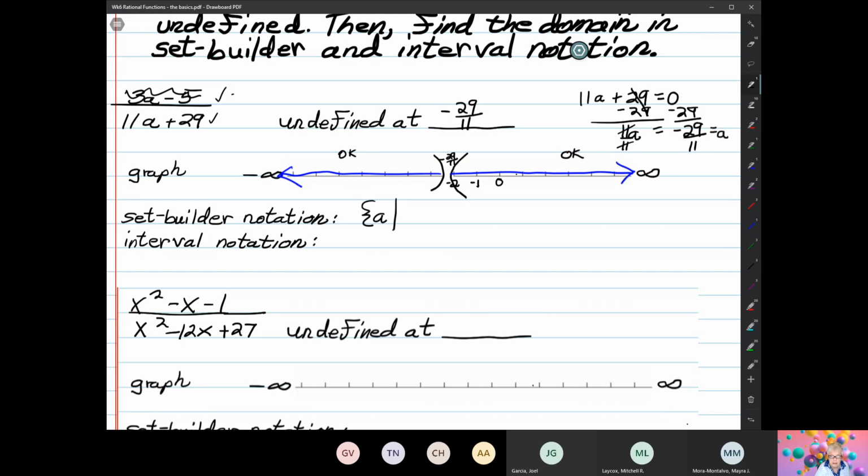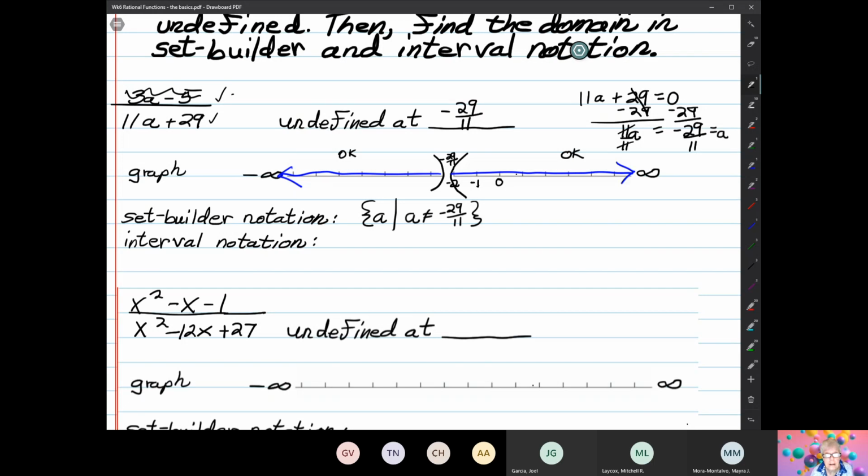And then, you see, set builder is so much easier for this, because the only problem with my domain is that A is not allowed to equal one number. And that is all I have to write for set builder notation. Pretty easy.